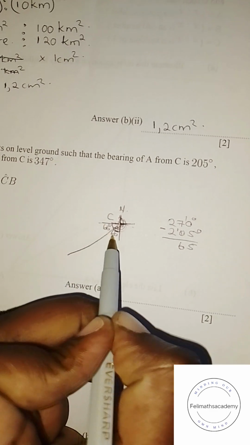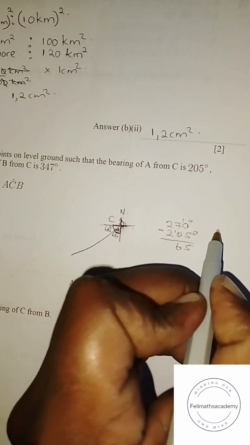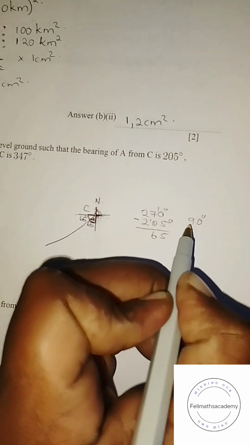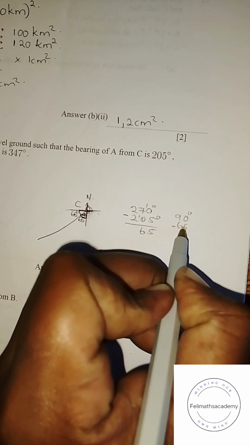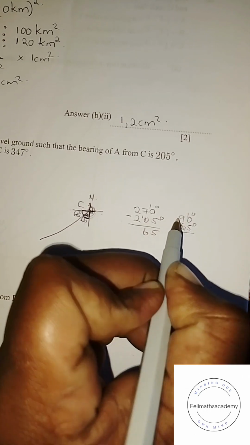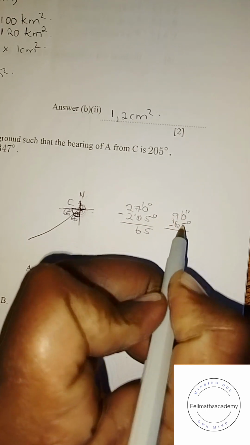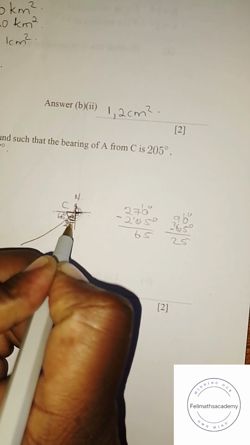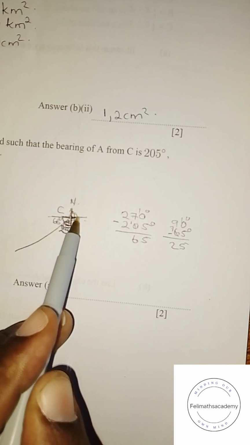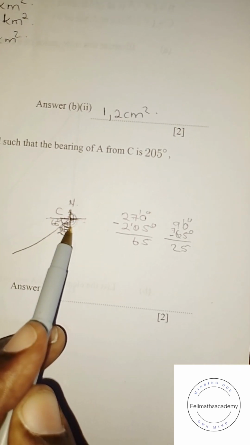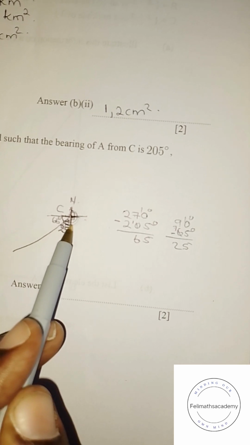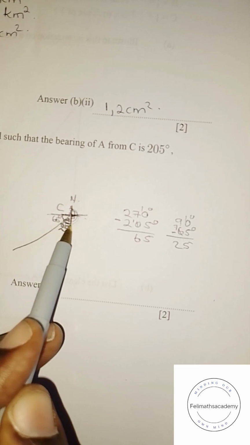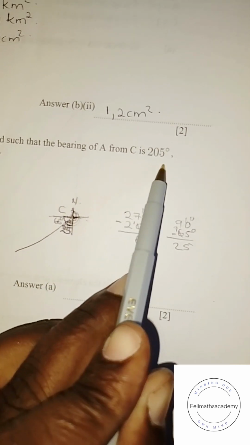So this part is 90 degrees minus 65 degrees. We get 25 degrees. So this angle is 25 degrees. If you add 180 degrees plus 25 degrees, we should get 205 degrees.